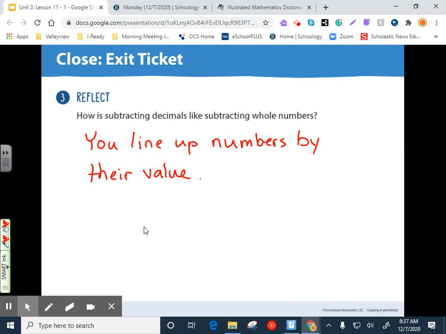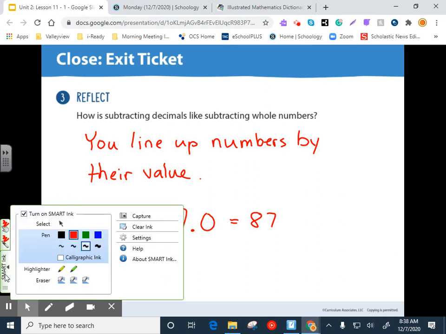If you have a whole number, let's go with 87, and you have an adding or subtracting decimals problem, you can convert it to a decimal number by putting 87.0, and that's the same as 87. But this gives you that reference point. It gives you that decimal to do your work.